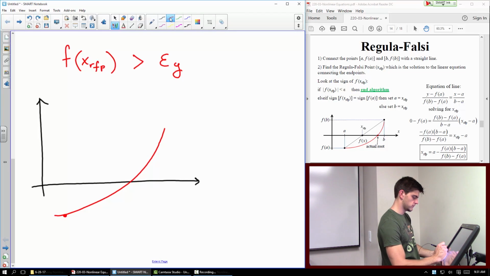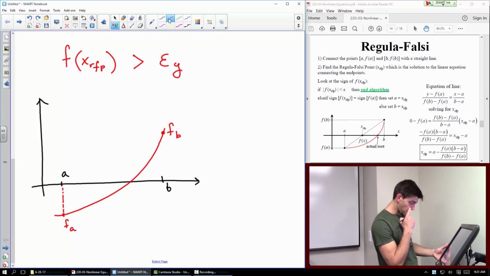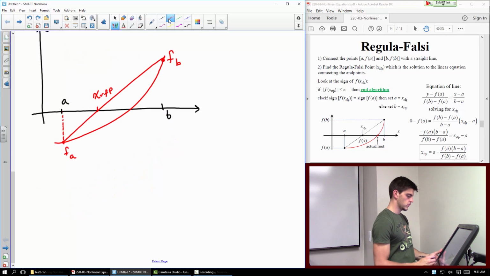Here is A, B, F sub B, F sub A, and we're going to, let's say, connect these with a roughly straight line, and here is XRFP at y equal to 0. So we can define the slope of this line by just doing the rise over the run.